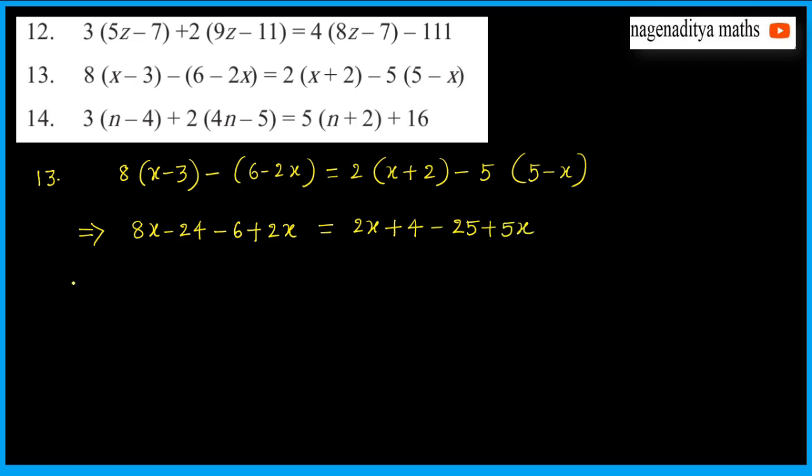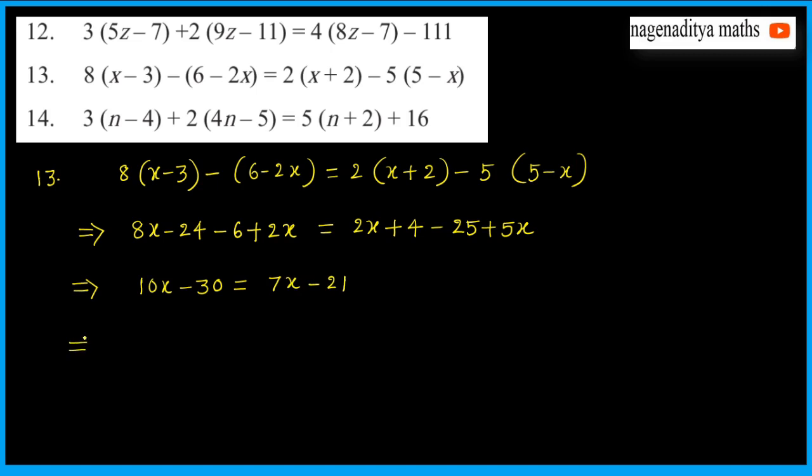Okay, so this implies 8x plus 2x is 10x, minus 24 minus 6 minus 30, is equal to 2x plus 5x is 7x, minus 25 plus 4, that is minus 21.